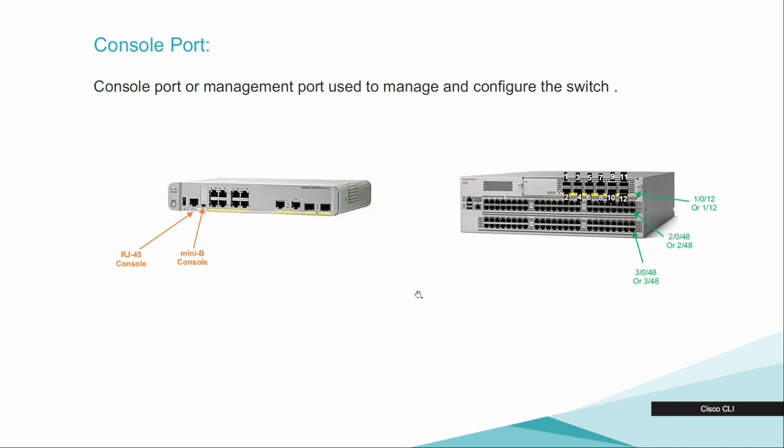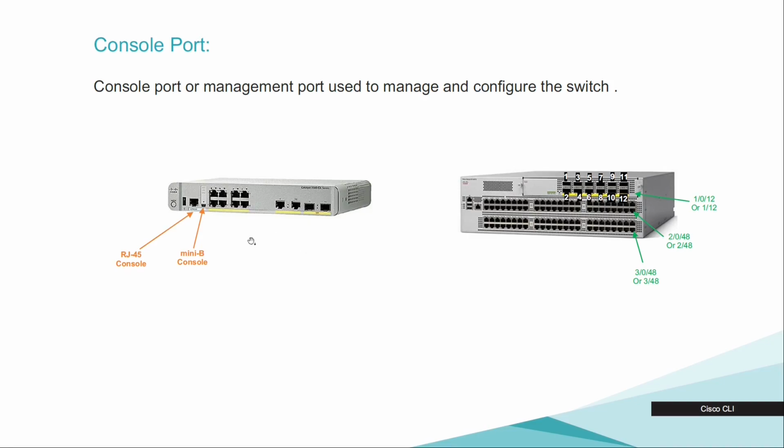When we purchase a switch, it comes with a specific port called the console port. Some people also call it the management port, and this port is used to manage and configure our switch. By default, when we purchase a new switch with factory settings, we will see a console port on our switch. This port allows us to access the CLI, the command line interface, in order to configure and manage it.